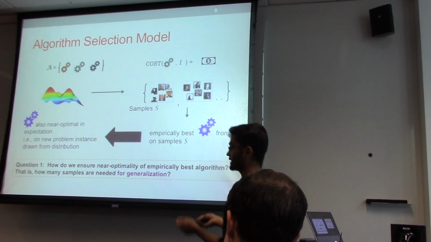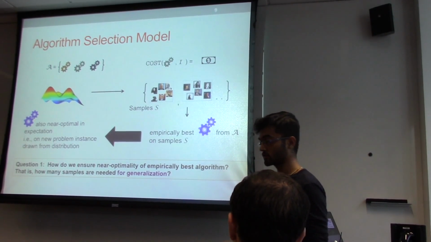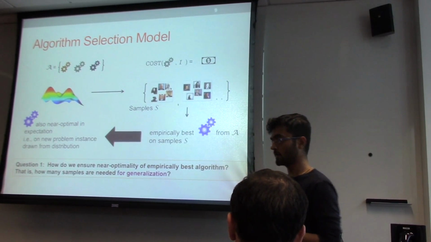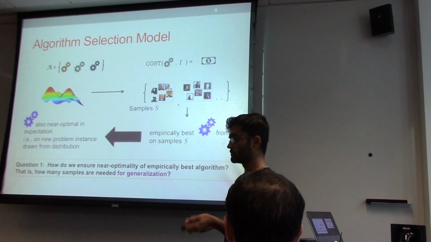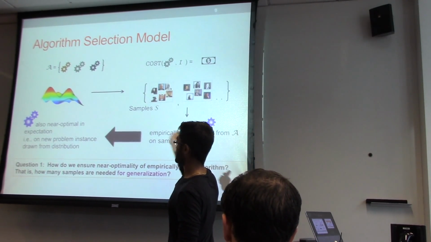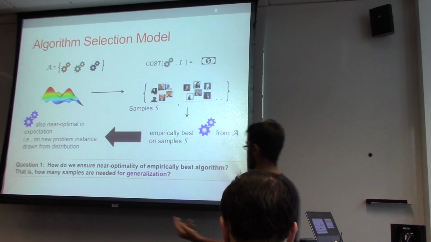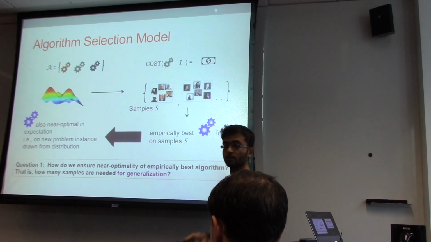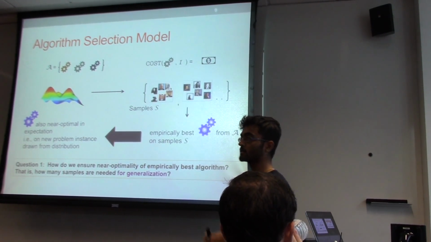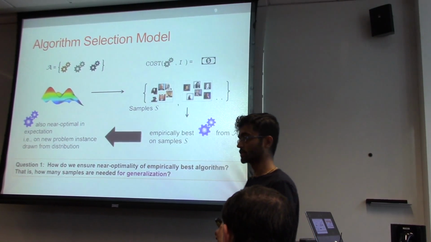On the other hand, if I were to draw millions of problem instances from the distribution, I now have a better idea of what the distribution looks like, and I could then hope that the performance of the algorithm over these samples is representative of its performance over the distribution. So this idea I'm going to call generalization, which is something very fundamental to learning theory, where I want to generalize something about a set of samples back to the whole distribution, which is unknown.